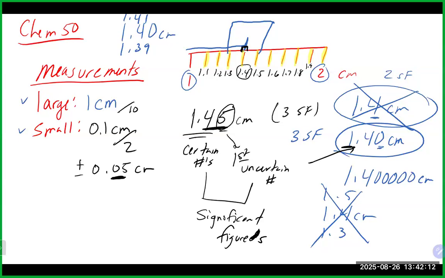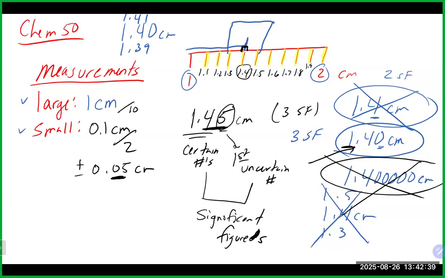The other one here, by the way, is also not a good thing. Because what I just did when I put all those extra zeros to make it look more chemistry-like is I made that measurement way better than it ever could be based on the equipment that I'm using. I have now moved my error all the way down to how many zeros I put there? 2, 4, the 6th decimal place is where I put the error, when in reality it should be at the 2nd decimal place.